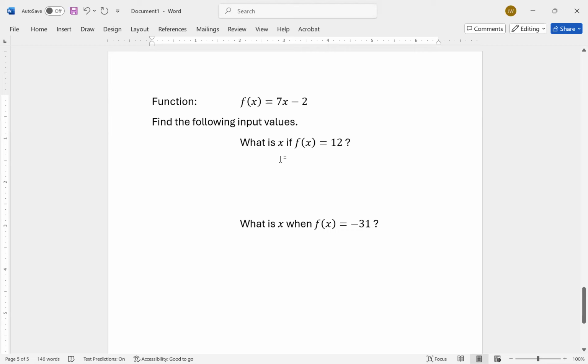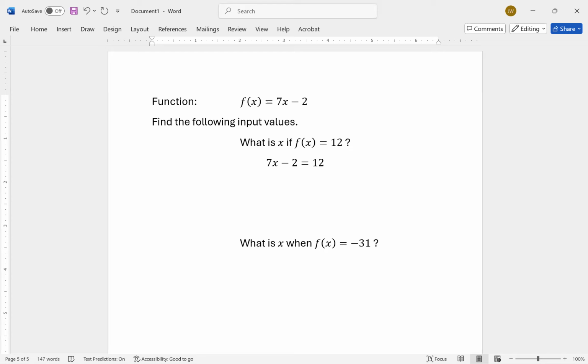If we're trying to find an input value which gives us a specific output value, then we know that the output is this expression. When that expression is equal to 12, we can find our input by solving for x. So in other words, all we have to do is set this expression equal to 12 and then solve for x.